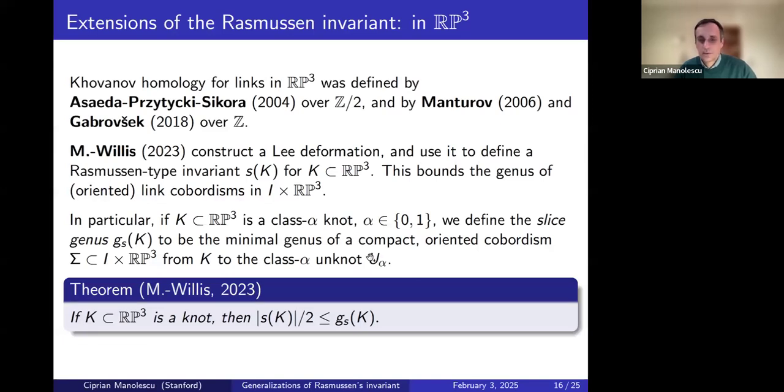Maybe I should say you can only have cobordisms between knots of the same class. Okay, so what we proved is that, again, in this context, we get a lower bound on the slice genus of the knot. S over 2 gives you a lower bound. All right, so we get something like this in RP3.